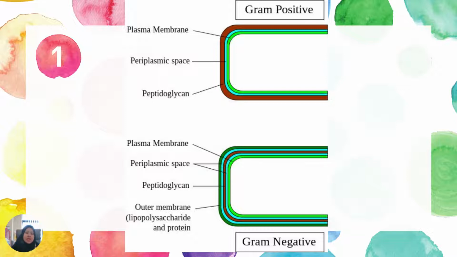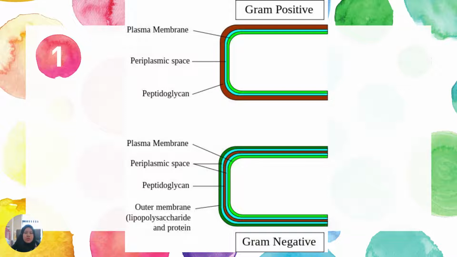Basically, gram staining is a preliminary, or the initial, method that we use to identify or to classify the bacteria into different groups, two big groups. The first group will be the gram positive bacteria, and the second group will be the gram negative bacteria.